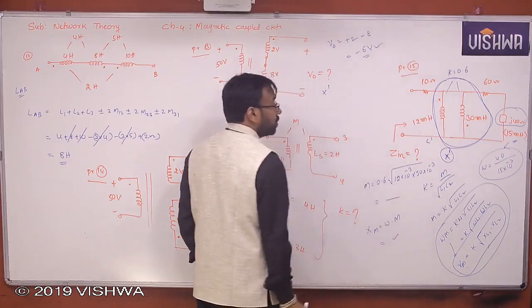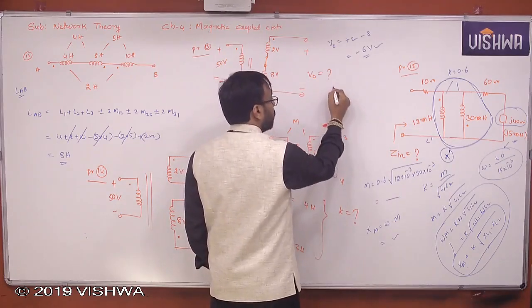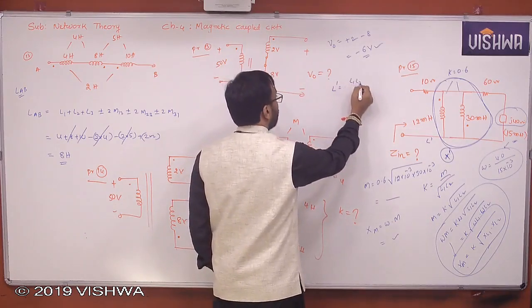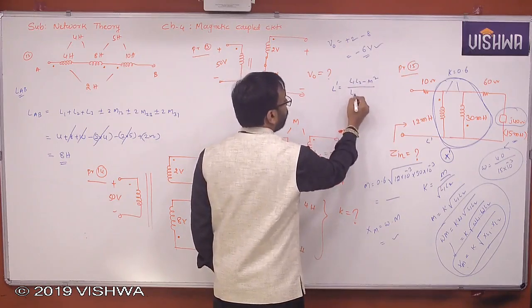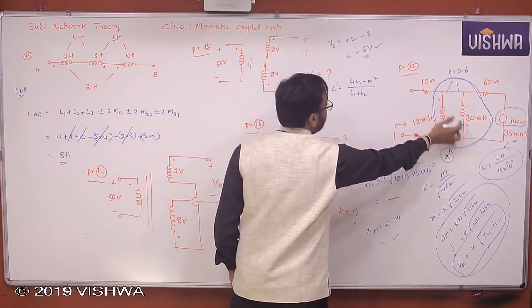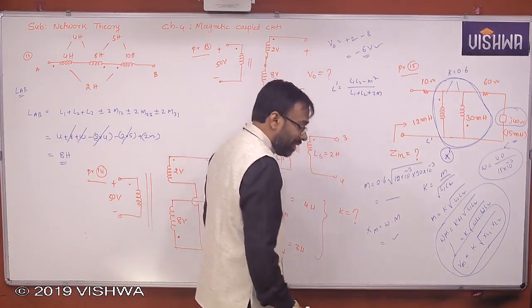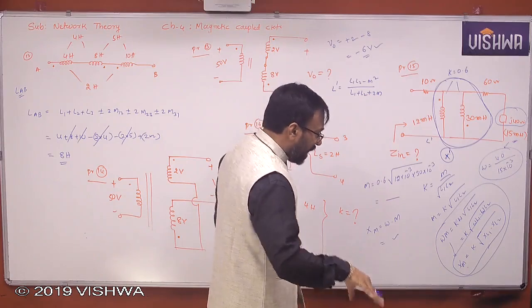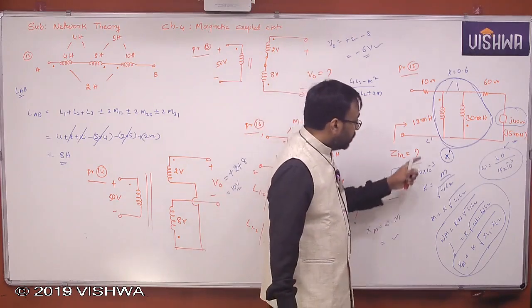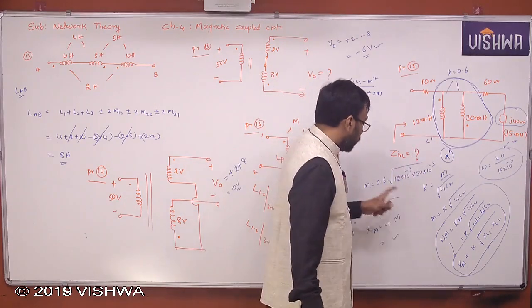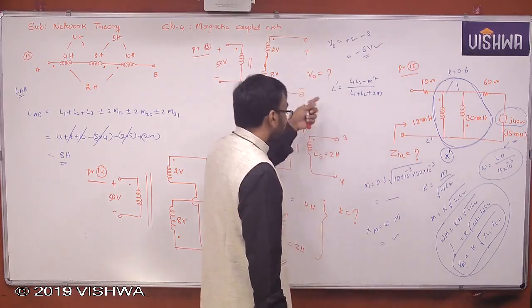There is no problem. What is L dash? L dash is nothing but L1 L2 minus M square by L1 plus L2 plus 2M, with the dot as shown here. You already have L1, L2 and M. Substitute here. You will get L dash.